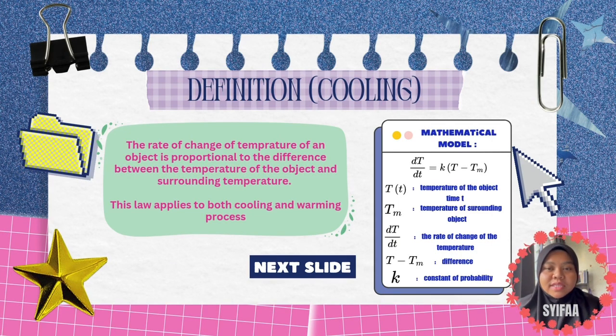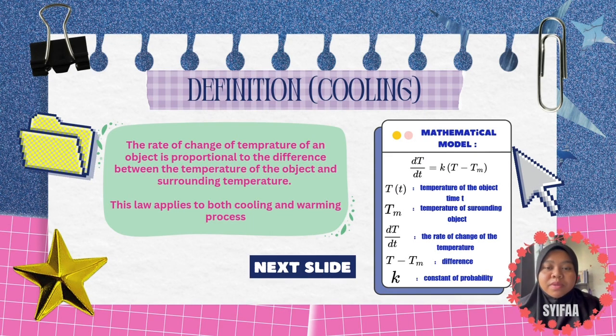This law states that the rate of change of temperature of an object is proportional to the difference between the temperature of the object and the surrounding temperature. In simpler words, the greater the difference between the object's temperature and the environment, the faster it will heat up or cool down. Importantly, this law works for both cooling and warming processes.